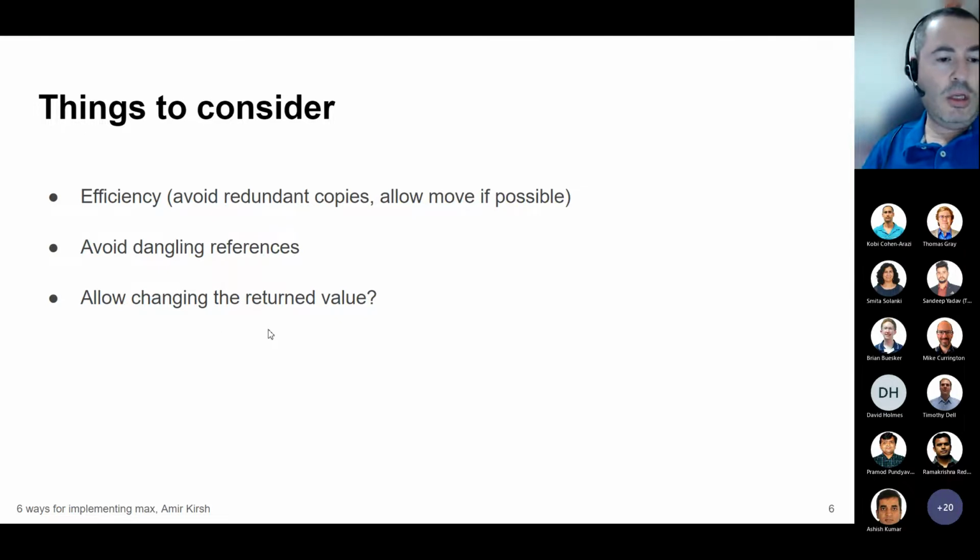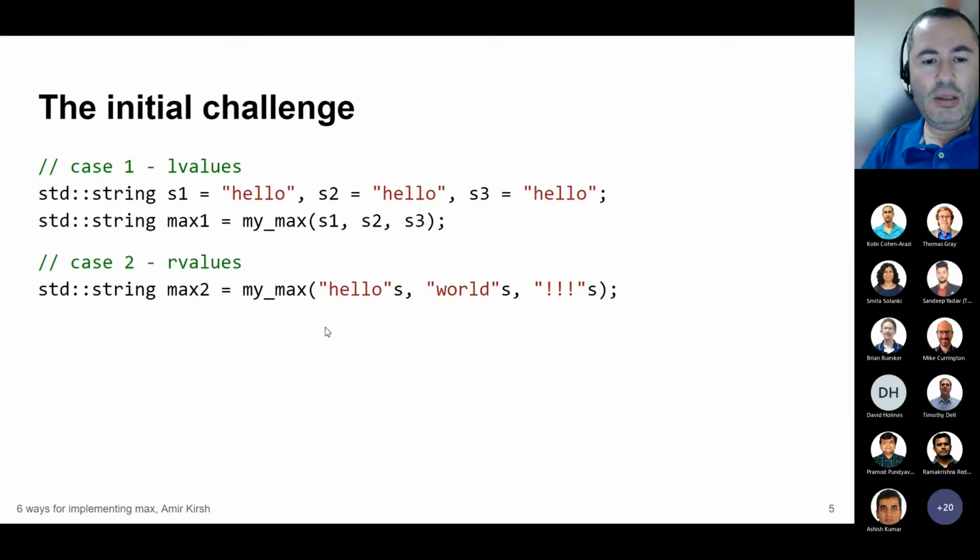And there is another consideration, another question: should we allow changing the return value in this case? If I go back, it might be that we take back the maximum and we say, okay, if it is a variable, maybe I can return the actual variable in order to allow calling max and immediately assigning a value to the maximum that was returned. Now I would start without supporting changing the return value.